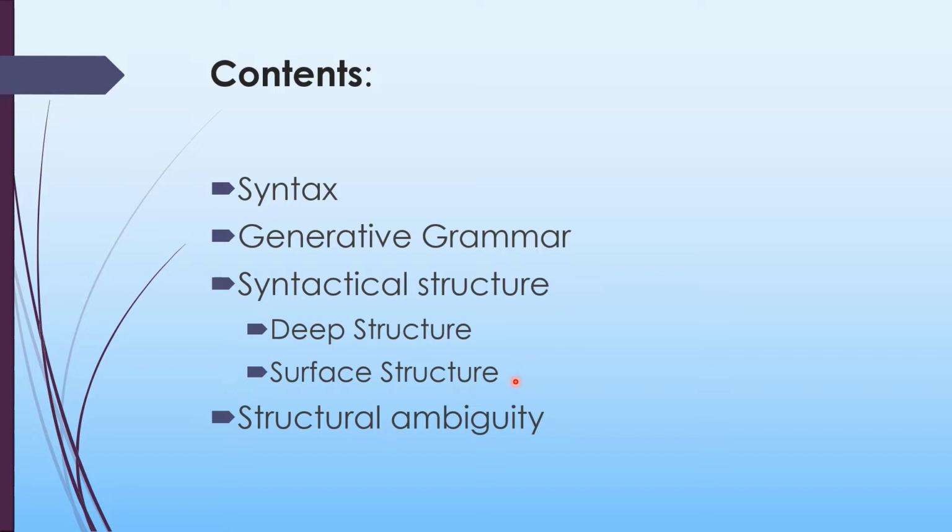This narration will end with structural ambiguity. But I should inform you that this is just one part of syntax. You need another section of syntax to have a complete idea of syntax.